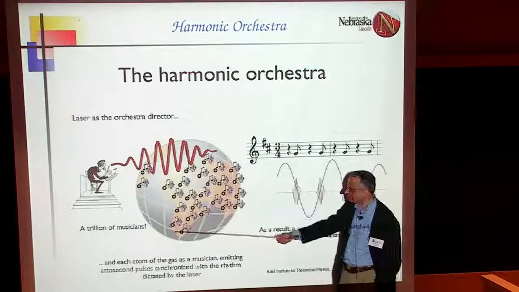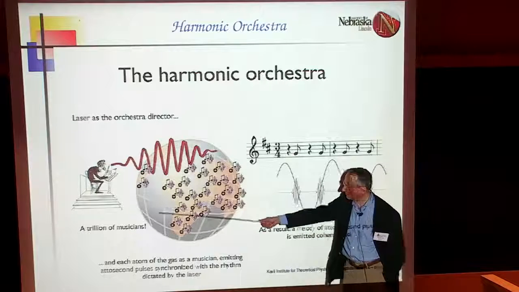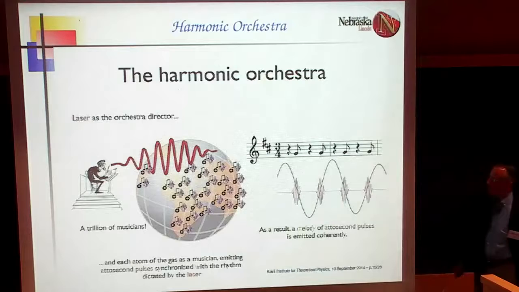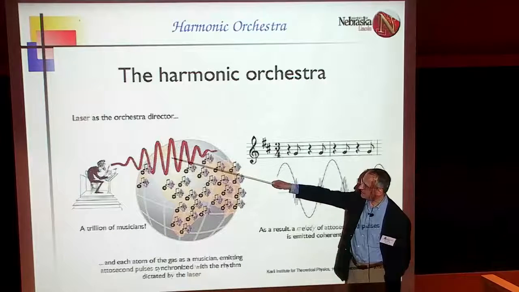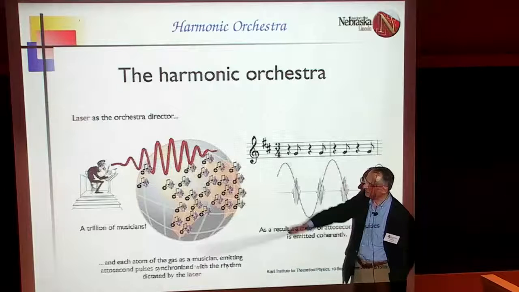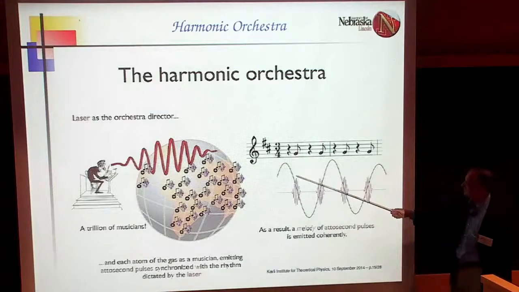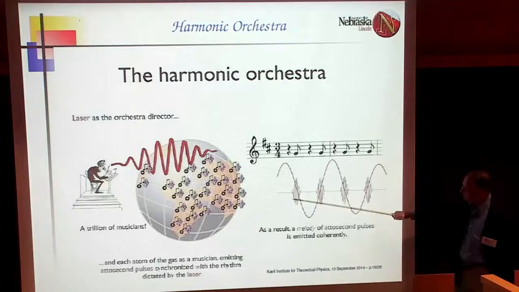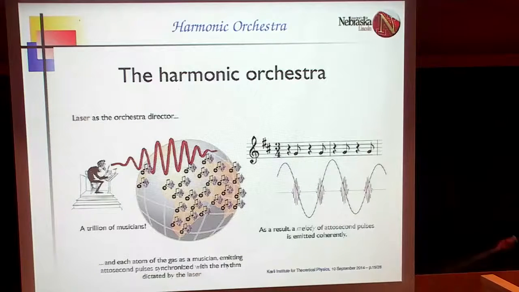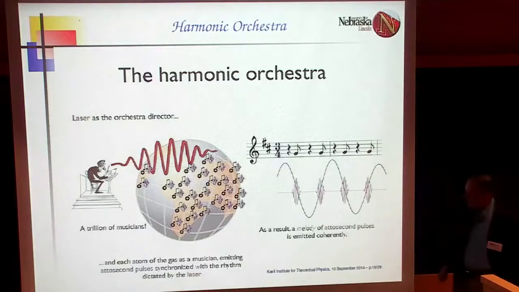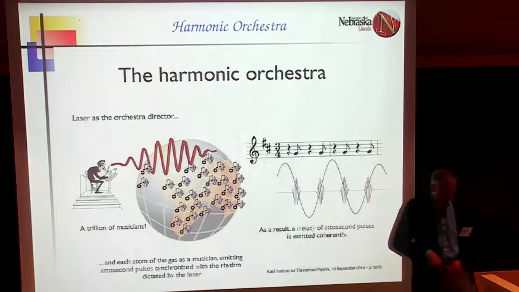For that reason, one shows musicians all over the planet. And they are all playing harmonics of that driving laser frequency. And a burst of these harmonics occurs every half cycle of the driving laser field.